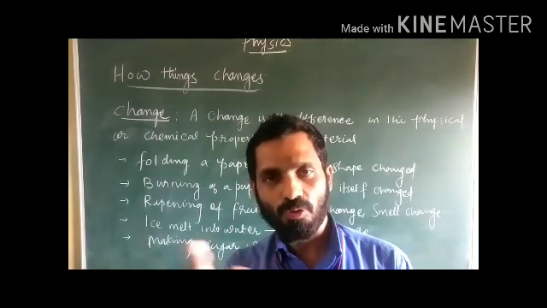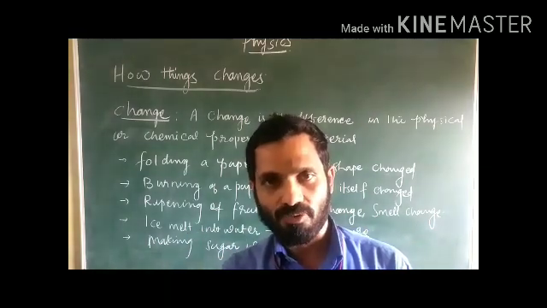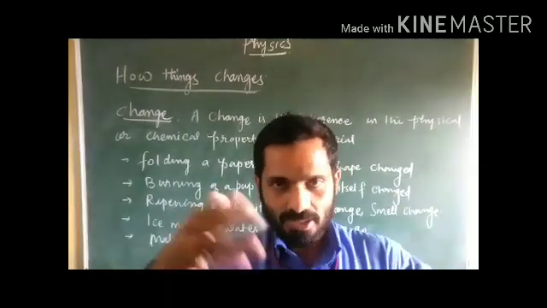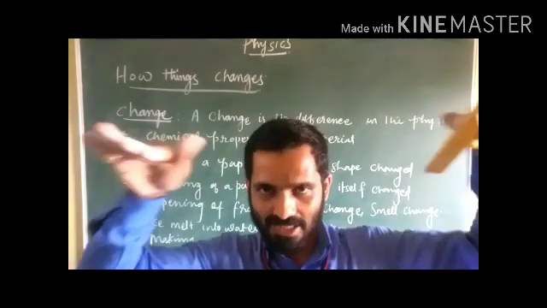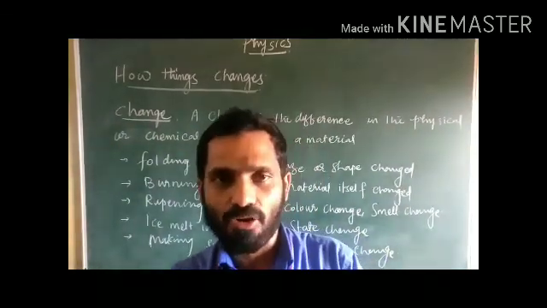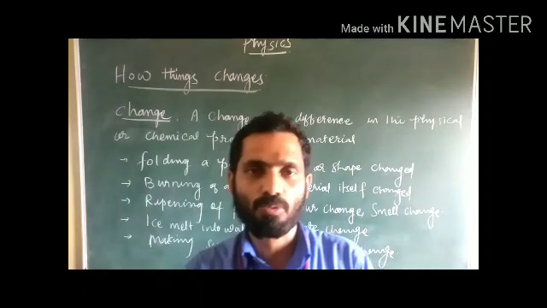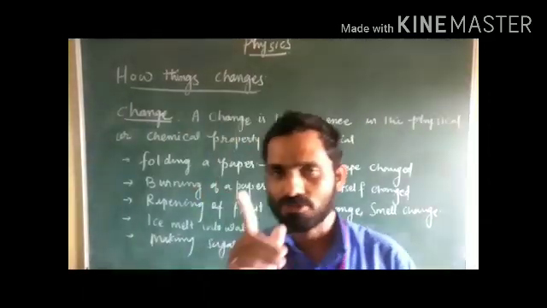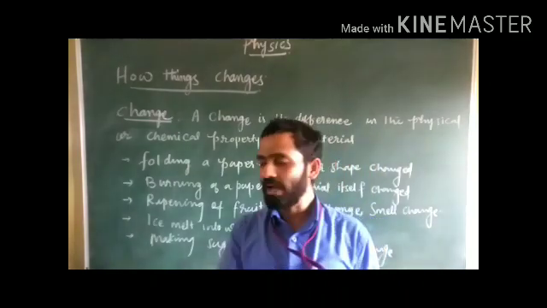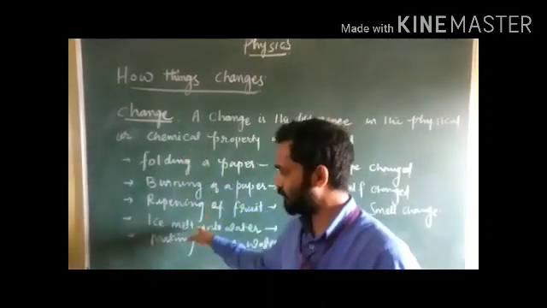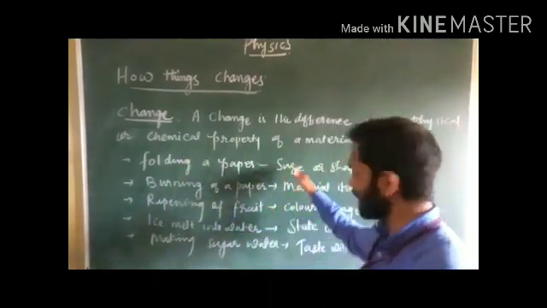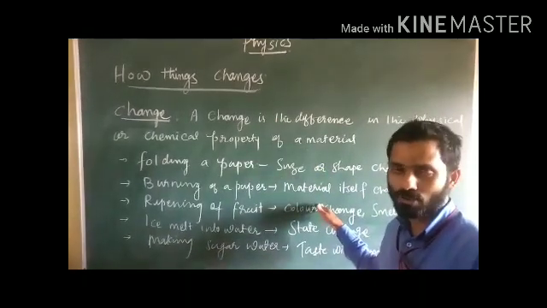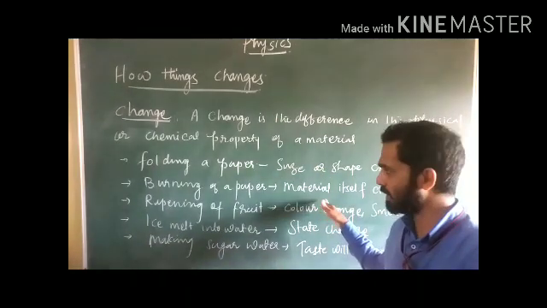Size is changing, or shape is changing, or state is changing, or the material itself is changing. What kind of change is occurring there, that you want to observe, students. So I hope you understood about the change and the various different types of change, and what is actually changing.